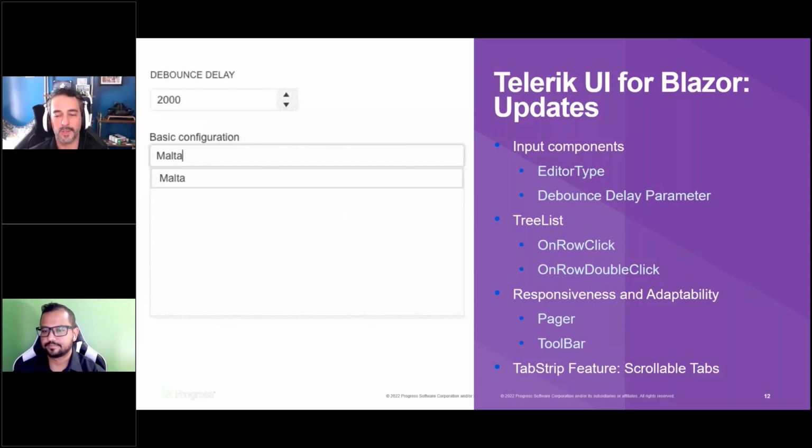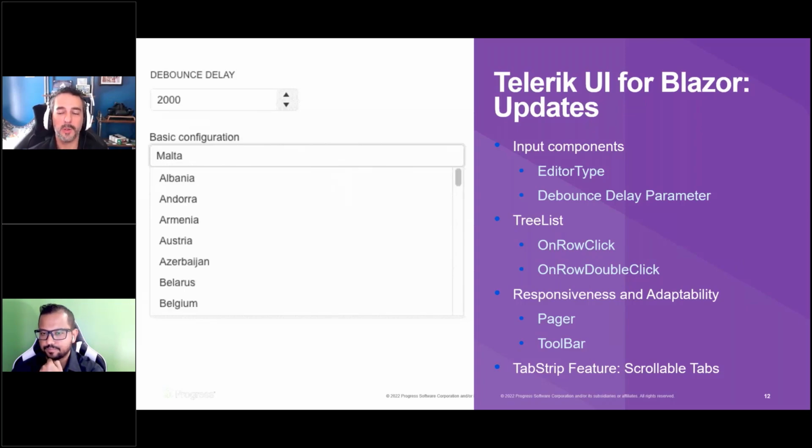And that can save you a lot of bandwidth, a lot of WebSocket requests and latency. So that debounce delay parameter is on all of our input types. And whenever you see inputs inside of other Telerik components, like our data grid and our Gantt, especially on filtering, you'll see that debounce delay parameter there as well.